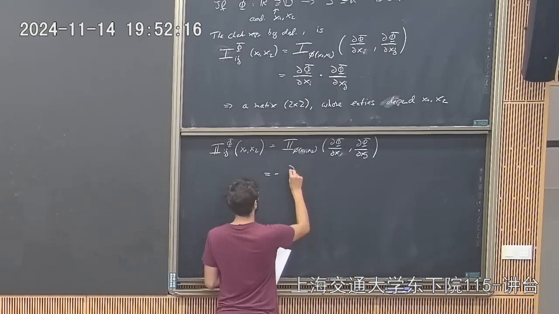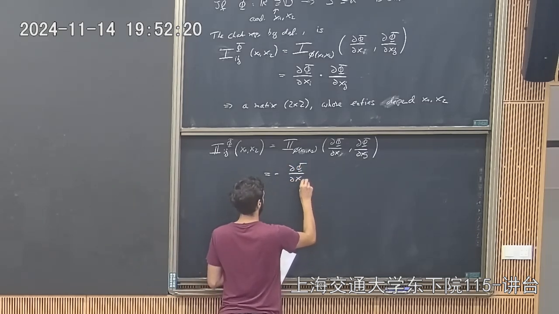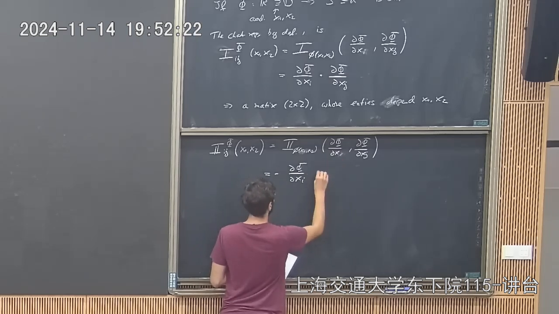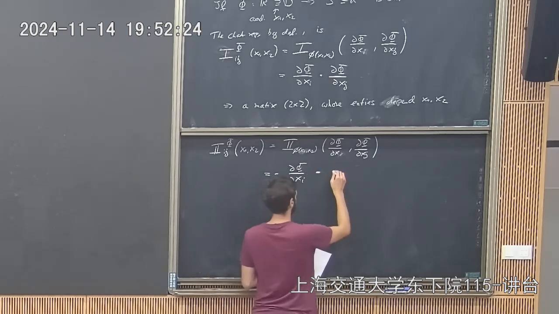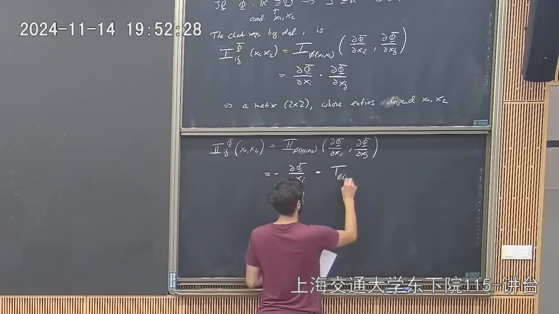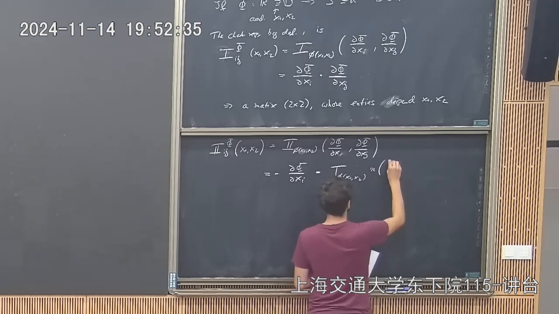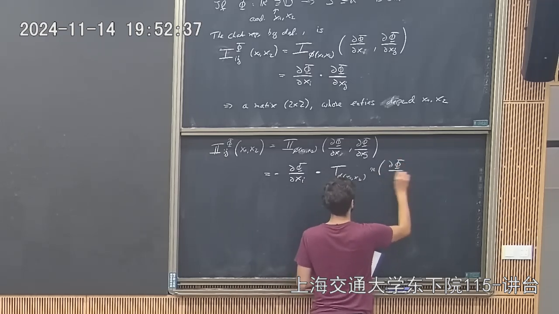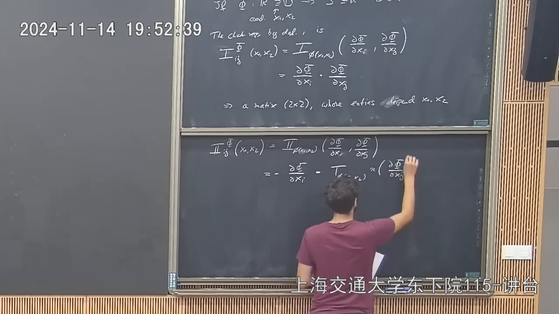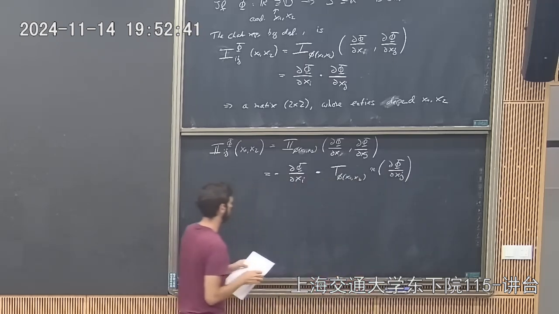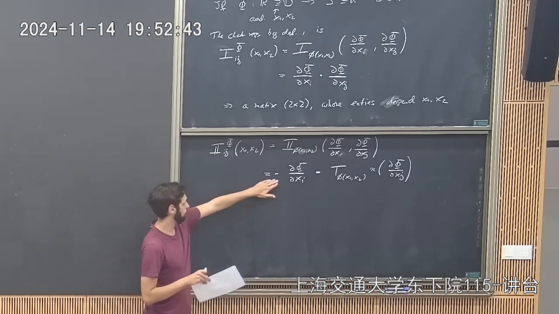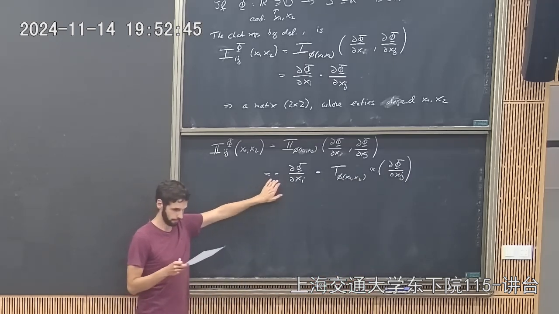By definition, it's the inner product of the first vector that we plug in with the inner product by the shape operator, which is minus the tangent map of the normal derivative. And now we have to use it in the direction of the second. The minus sign comes from the definition of the shape operator.